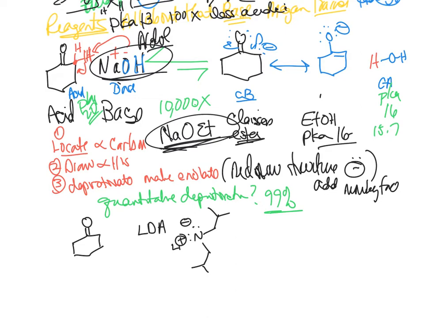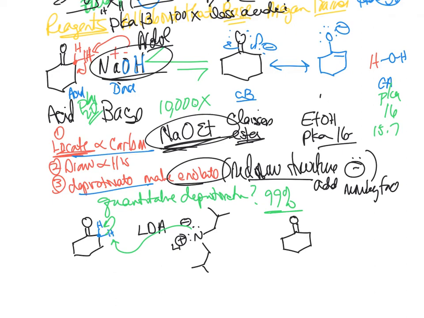Now we find, number 1, locate alpha carbon. There's your alpha carbon. Draw in the alpha hydrogens. Deprotonate to make the enolate. So this says redraw the structure. I redrew the structure, add my monkey face.